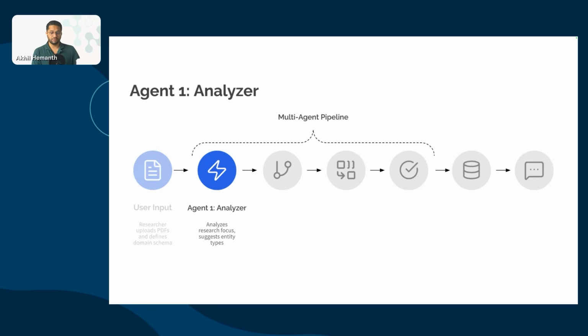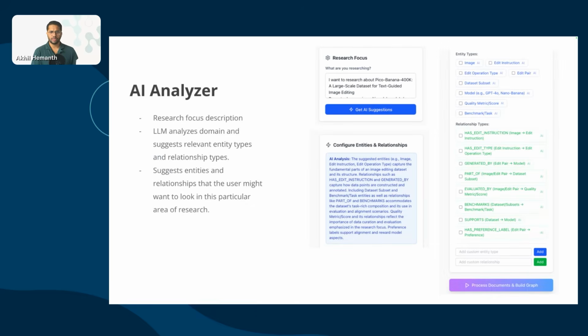The first agent is an analyzer agent, which is when the user puts the PDF or any data set inside, they can either rely on what the agent thinks should be the entities and relationships. So they can put in what the research focus is and get AI suggestions. In this agentic approach, there were two directions that we could have gone.